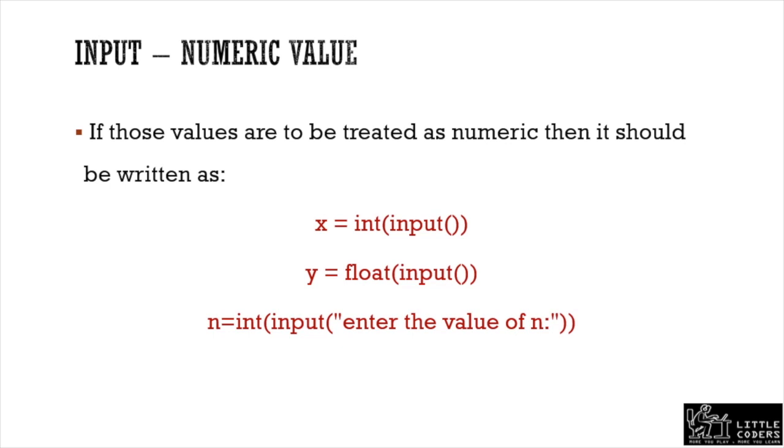If you give this, then it will input a value and it will convert it to integer and store it as x. If you want to get a float value, that is the floating point numerical data, then instead of int, you have to use float, within brackets the input statement. If you use this, it will get a value and store it as a floating point value for the variable y.